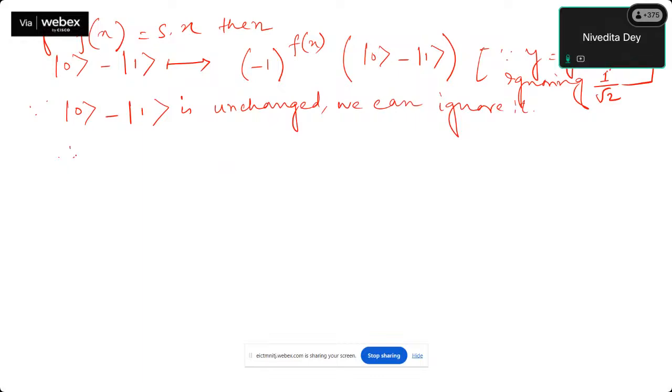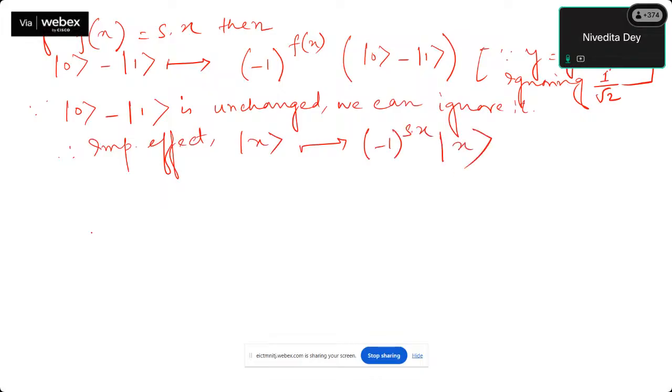Therefore, the important effect that we can see is ket x will become minus 1 to the power s·x into ket x. The ket 0 minus ket 1 part actually has no such change because f(x) is s·x only itself, so that will not have much more effect.